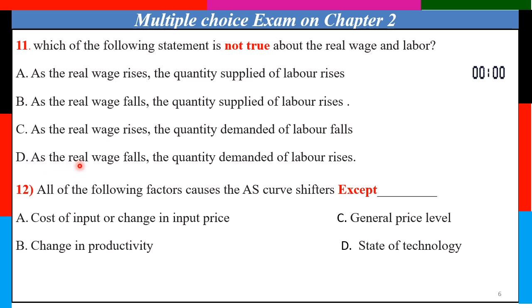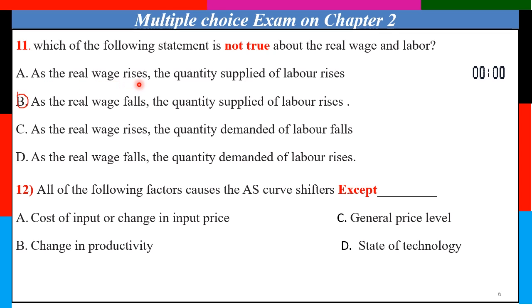D. As the real wage falls, the quantity demanded of labor rises. Correct answer is B. Except B, all alternative choices are true.